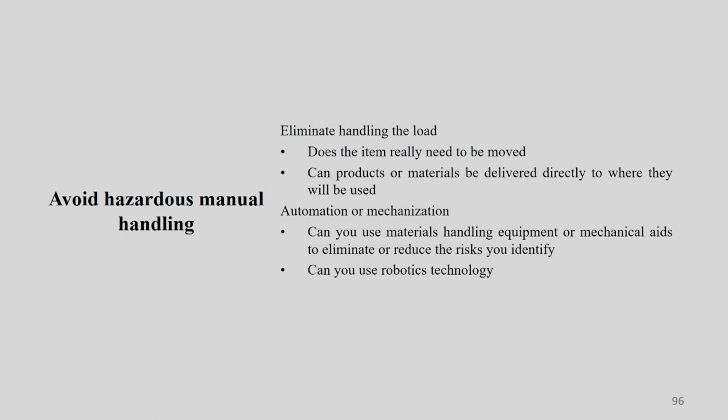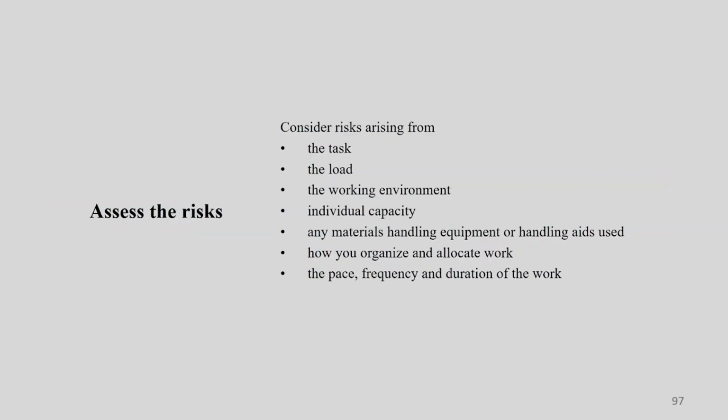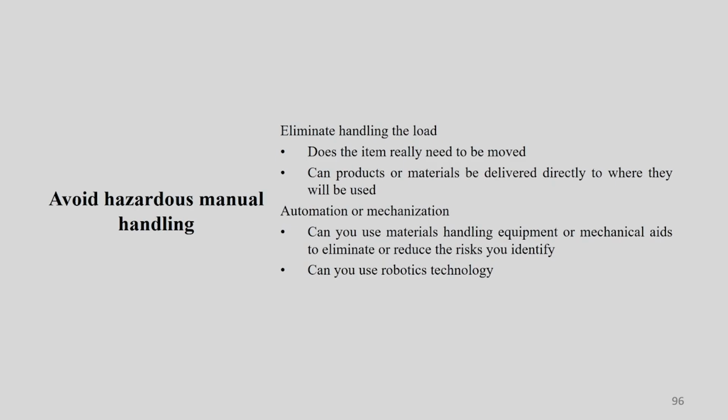So, these are the steps that you are going to follow to avoid hazardous manual handling in a particular workstation. Once you see that this is possible, then the problem is solved, and you are done.